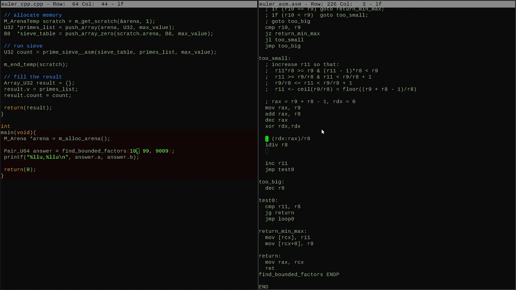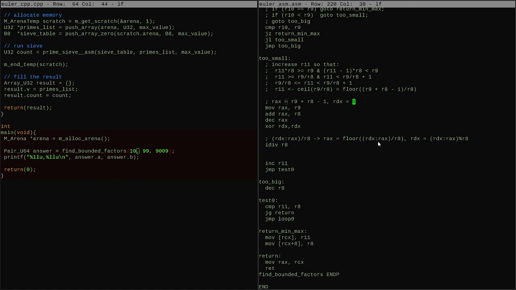Now, RAX equals the floor of RDX, RAX over R8. And RDX equals RDX, RAX modulo R8. And we set it up so that this here would be all we need, right? We do this work here.